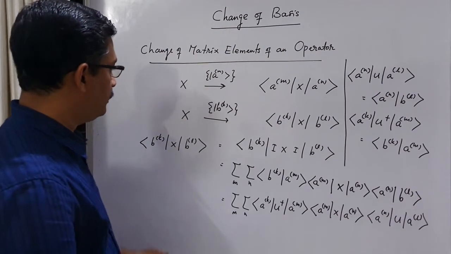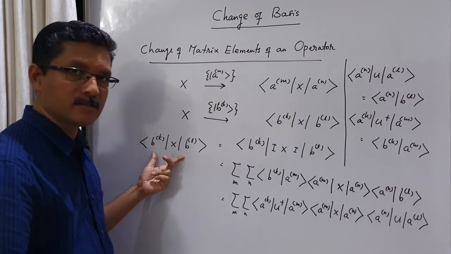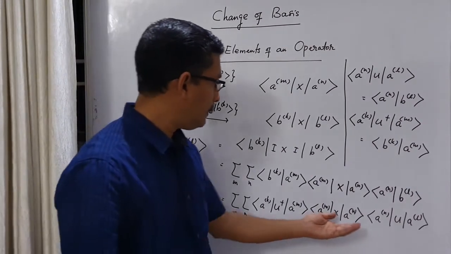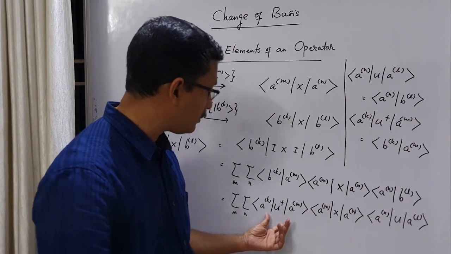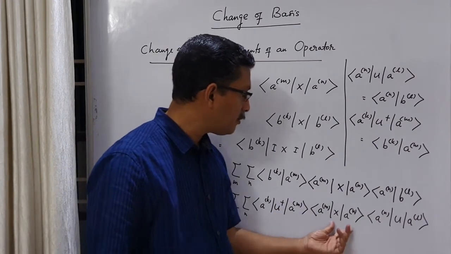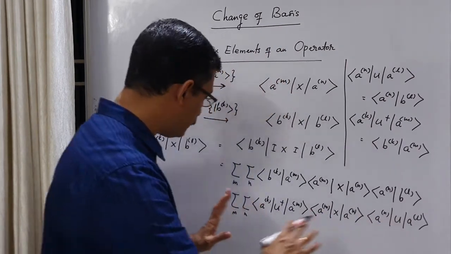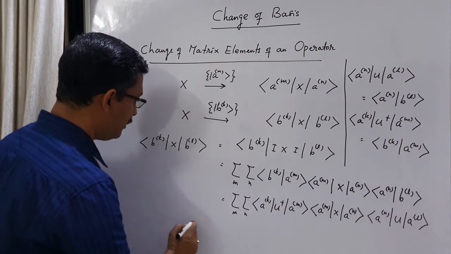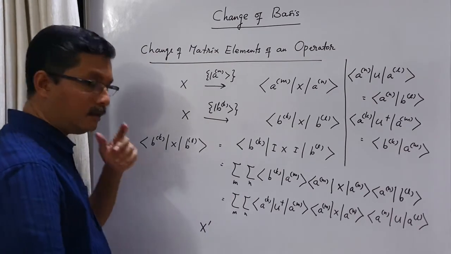So what you get here is that the matrix element of X in the new basis is equal to the product of the matrix element of U dagger in the old basis, the matrix element of X in the old basis, and the matrix element of U in the old basis. If you write this in matrix notation, let us say the left hand side is X prime, the matrix of X in the new basis.